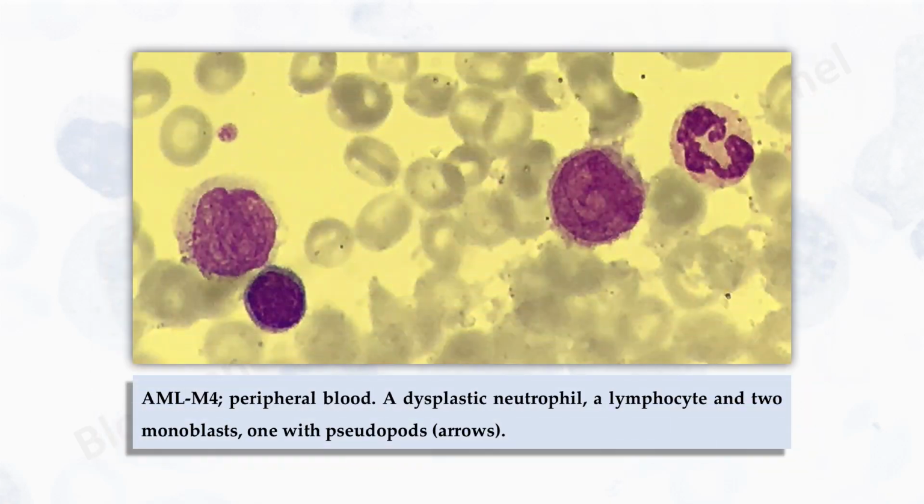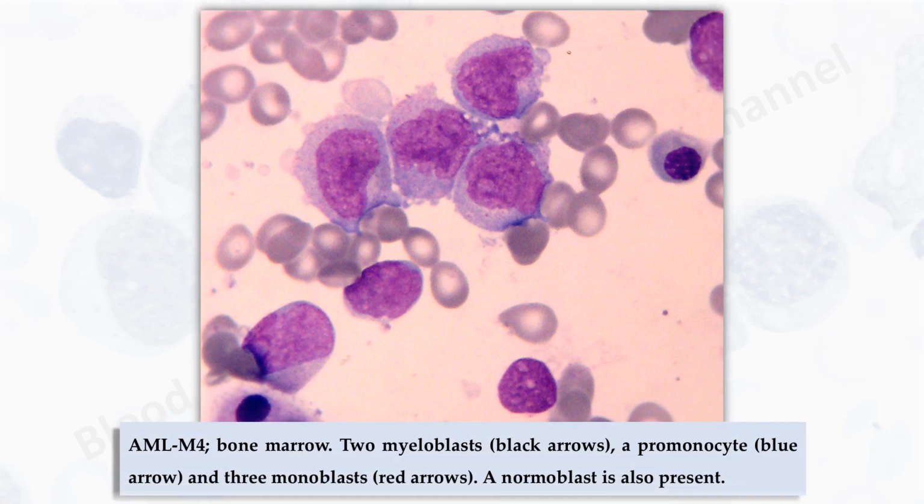Peripheral blood film of a patient with AML-M4 showing a dysplastic neutrophil, a lymphocyte, and 2 monoblasts, one with pseudopods. Bone marrow film of a patient with AML-M4 showing 2 myeloblasts, a promonocyte, and 3 monoblasts. A normoblast is also present.